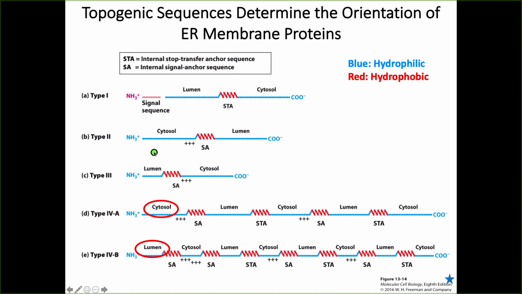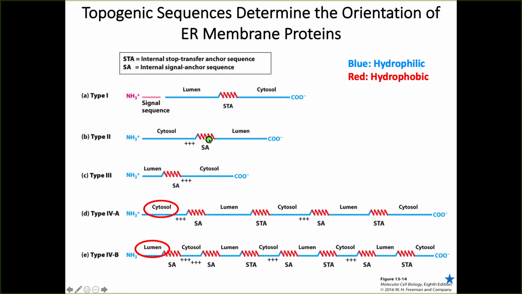On the other hand, in type 2, there is no N-terminal sequence. So as there is no N-terminal sequence right here, this is going to be made into the cytosol. Then you have this sequence, which is the internal signal anchor sequence.